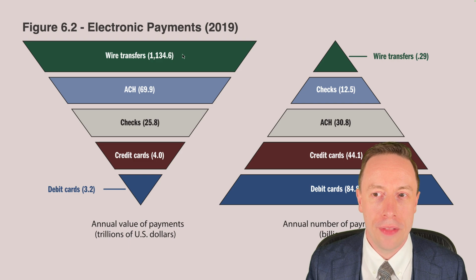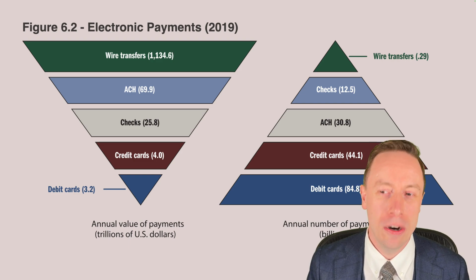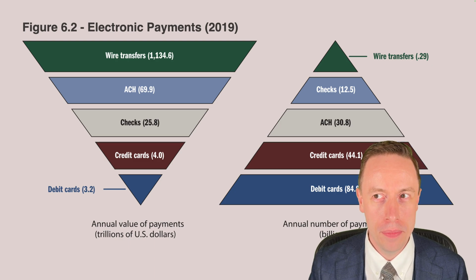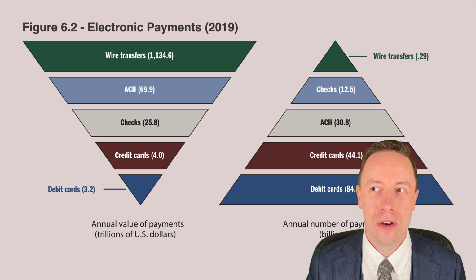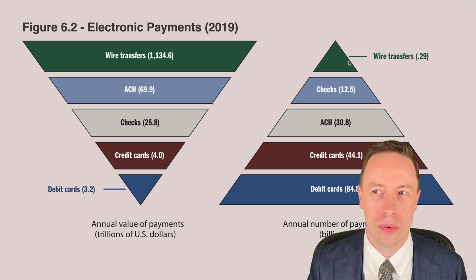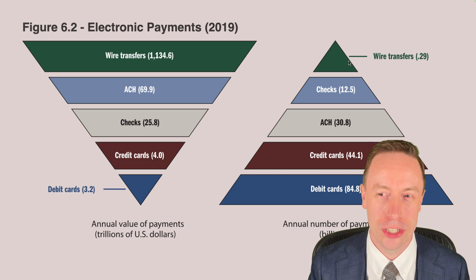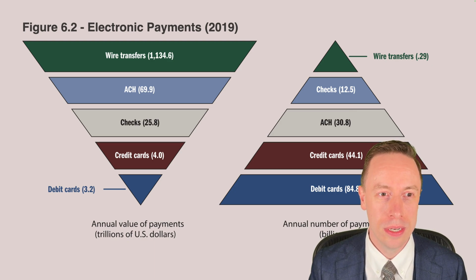But if we look at the counts of the transactions, the number of payments that happened through them, we notice the pyramid is sort of flipped. Wire transfers are a relatively tiny amount of transactions compared to the other ones, they're just really big in value. Then once again, we've got ACH becoming more and more important here.